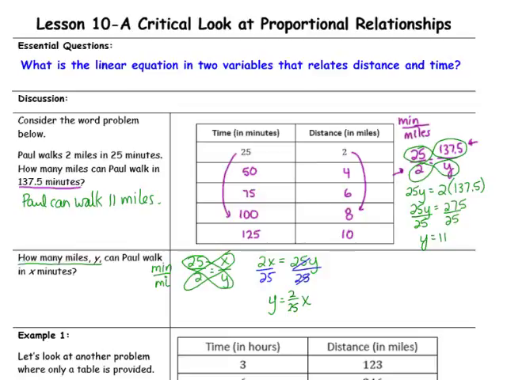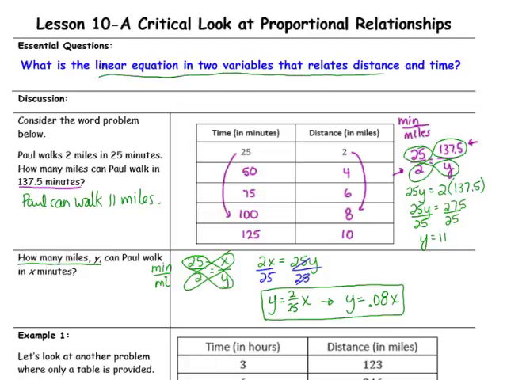Another way to write this would be to convert 2/25 to a decimal. Pause the video and convert 2/25 to a decimal. 2 divided by 25 is 0.08. This is our linear equation in two variables relating distance and time for Paul's rate of speed.